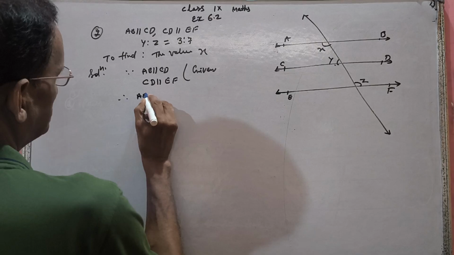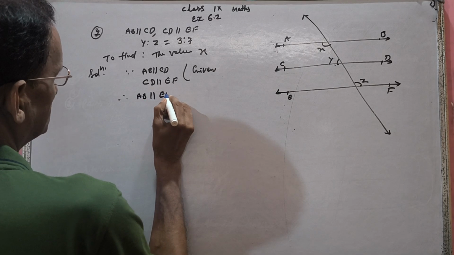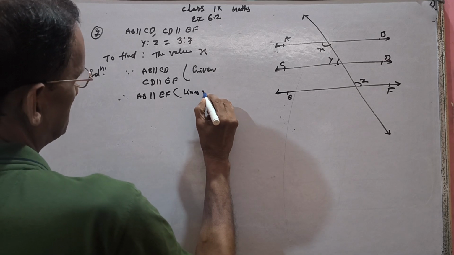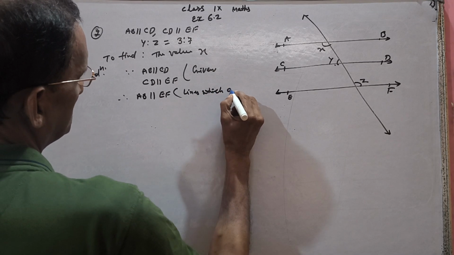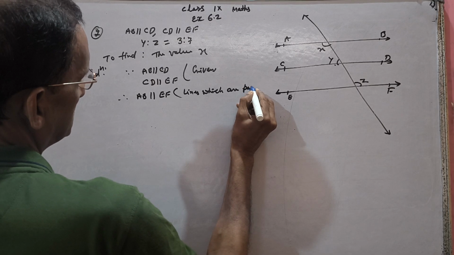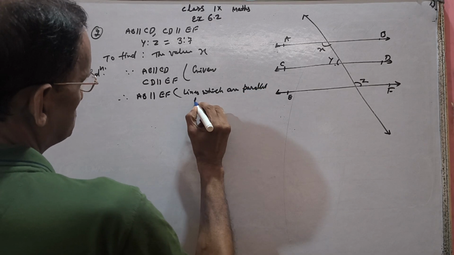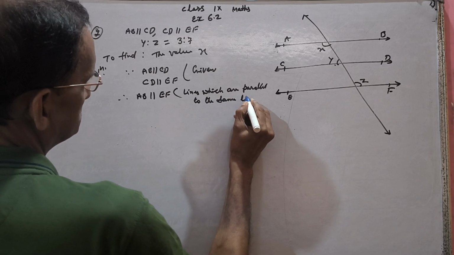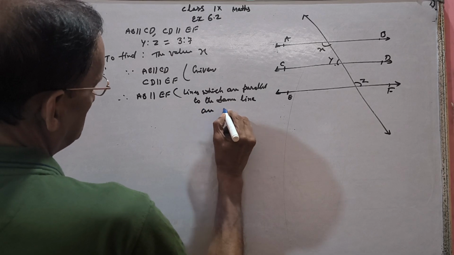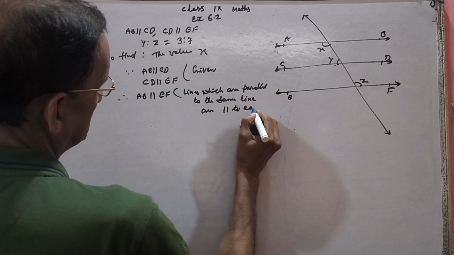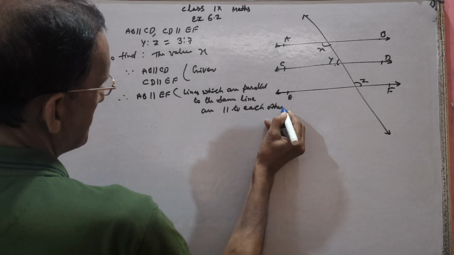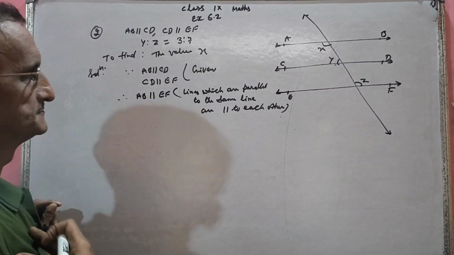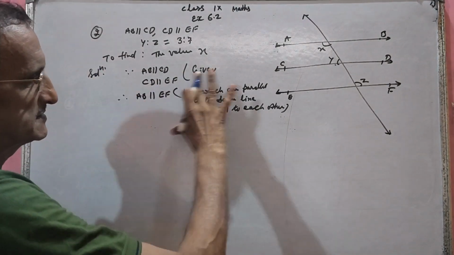Therefore, AB parallel EF, lines which are parallel to the same line are parallel to each other. You can use the symbol also, you can write in words also. So first this we have proved.